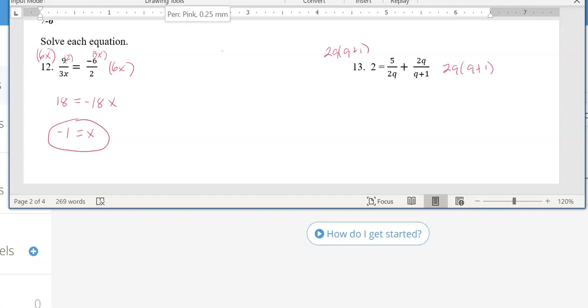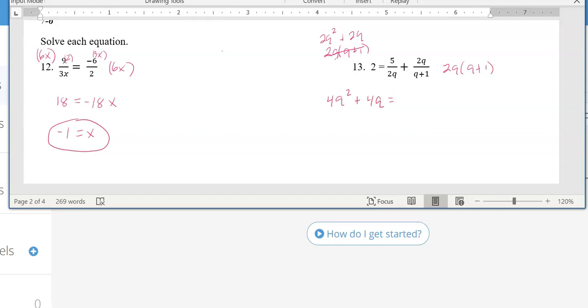In this case, you're going to be multiplying 2 times all of this, so I'm just going to go ahead and multiply these together first. That's 2q squared plus 2q. And then that times 2, so I'm going to distribute 2 to both of these. That's 4q squared plus 4q.